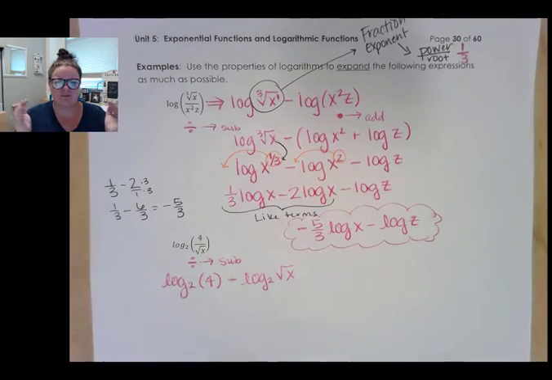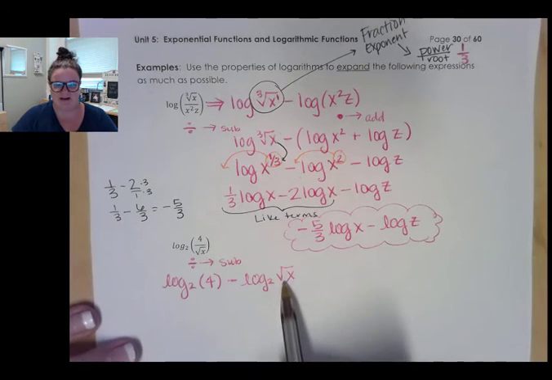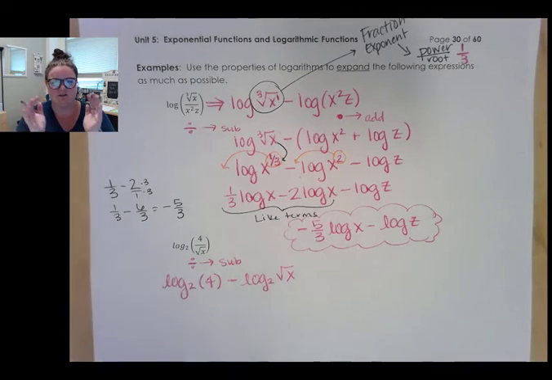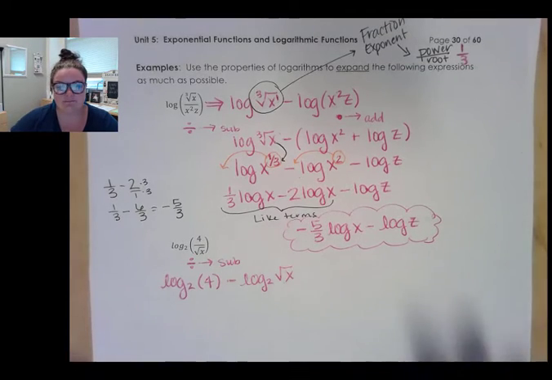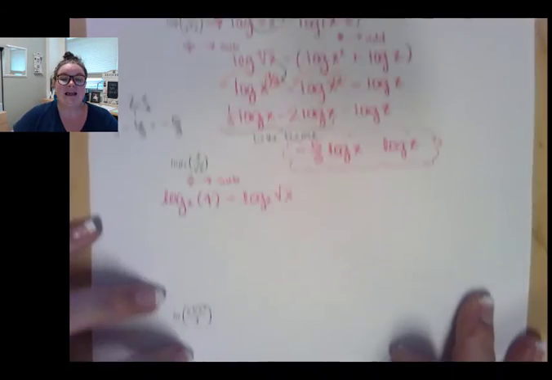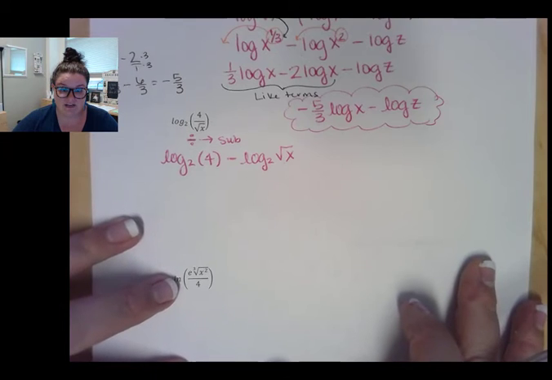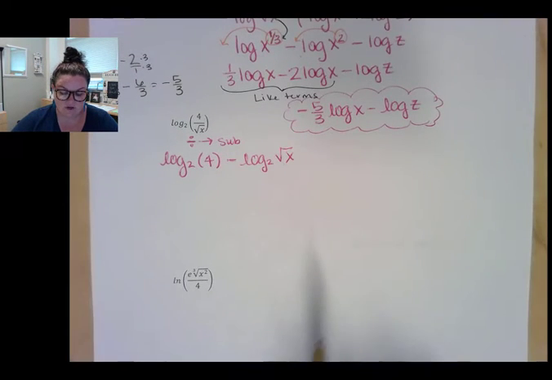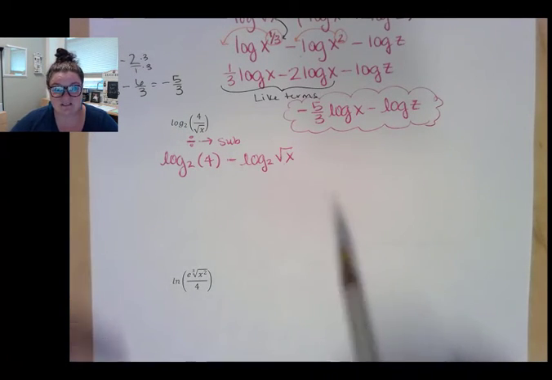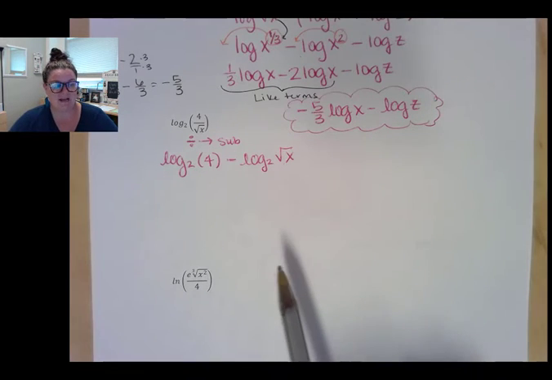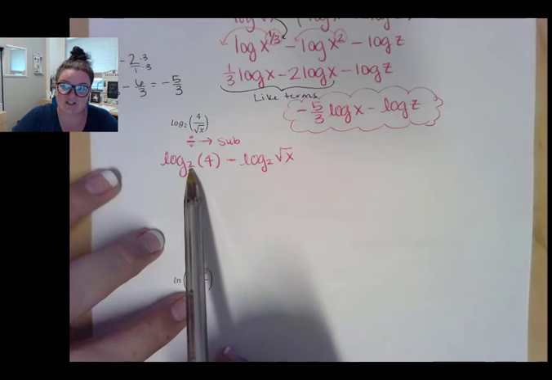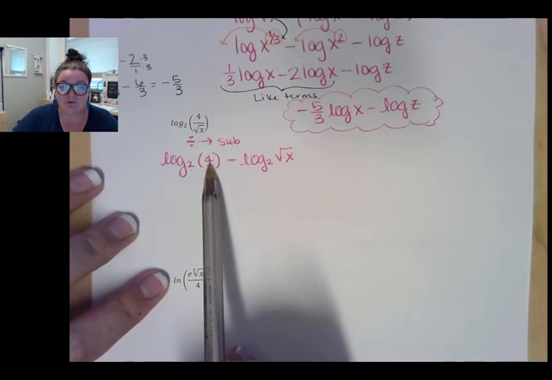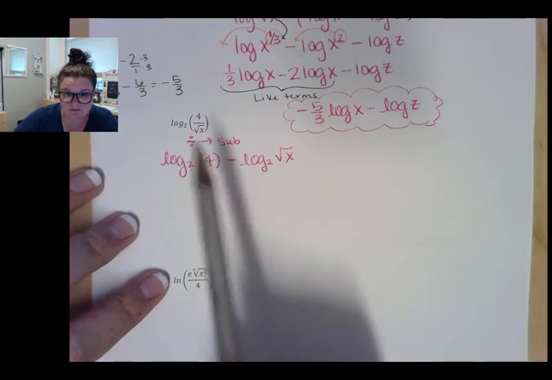And I don't usually put parentheses around my radicals because the radical is its own little grouping symbol. If you want to put parentheses around that, you can. Now I want to see what I can simplify. I don't have any powers to bring down, but I can do a little simplifying because here I have a log base 2, and 4 happens to be a power of 2.